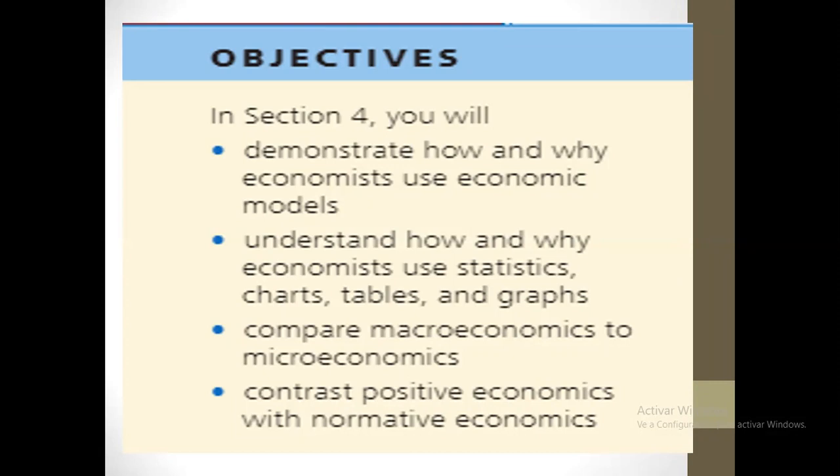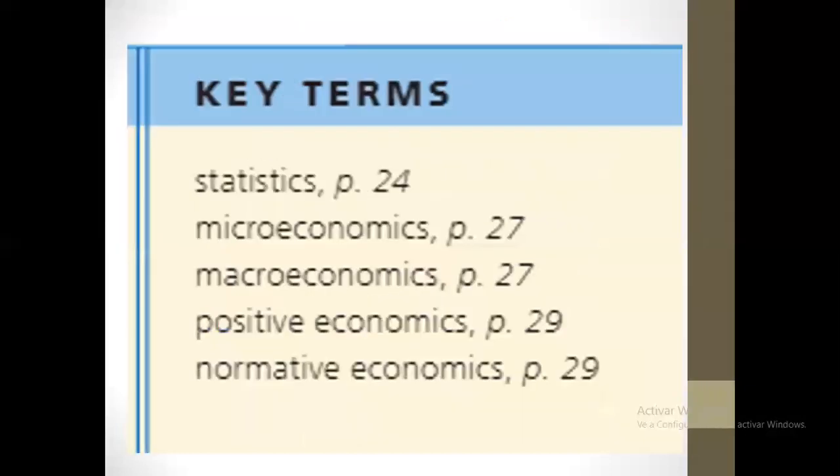And the last one, contrast positive economics with normative economics. This last objective is a little bit tricky and sometimes it's difficult to understand. But anyway, I'll try my best to explain it when we arrive to that section.